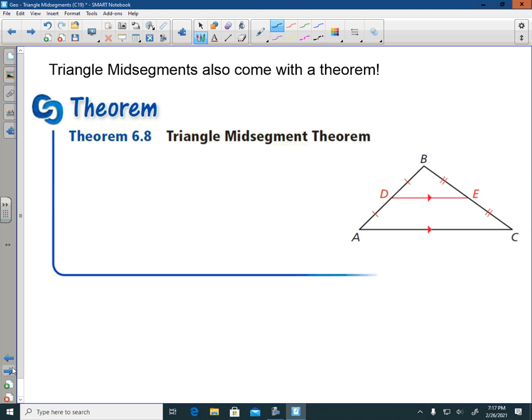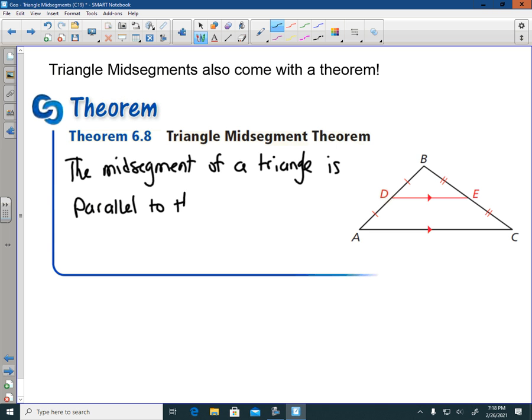Now, midsegments are interesting because they come with a theorem, and the triangle midsegment theorem says this: the midsegment of a triangle is, now this is the first thing that's true about them, parallel to the third side, and here comes the second thing that's cool about them, half as long as that side.